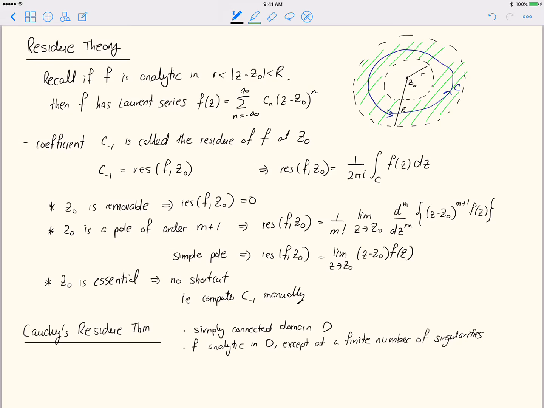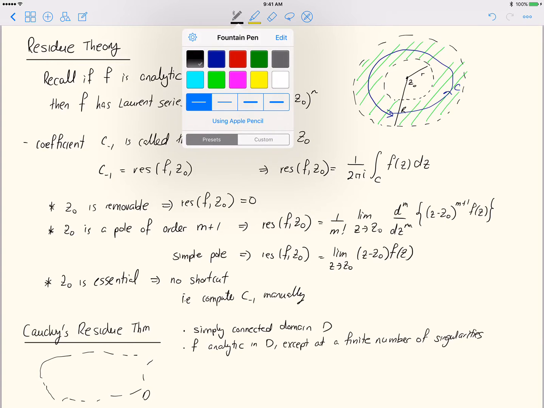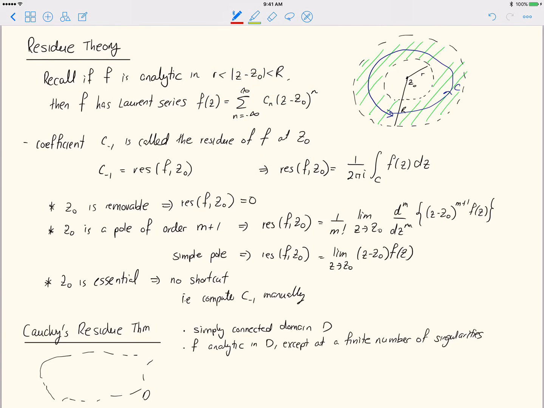Let's say this is a simply connected domain D. I drew something without holes, and my function f is analytic everywhere inside D, except at maybe a finite number of points. Let's say here, here, here, here, here, something like that, right? And I'll label these.